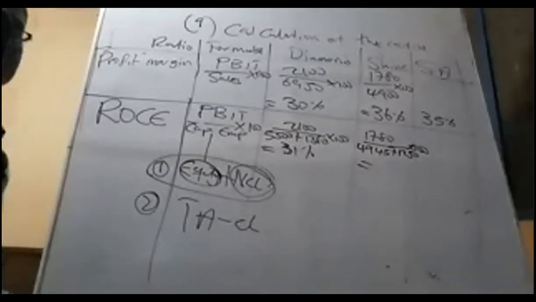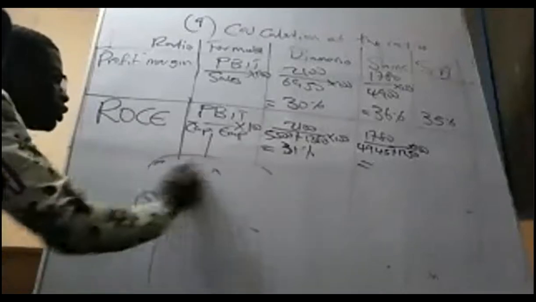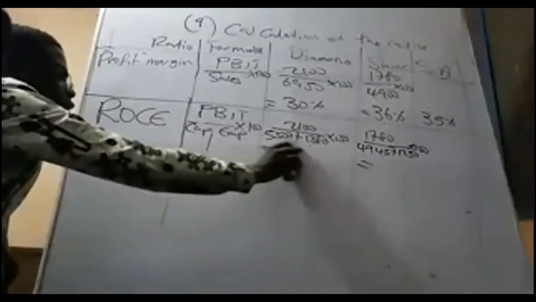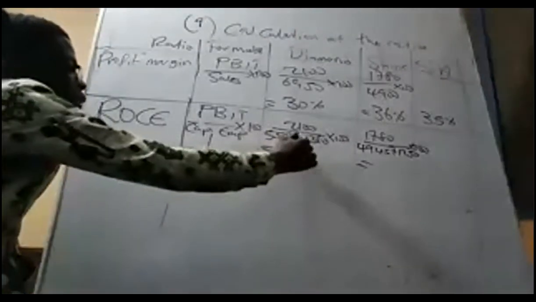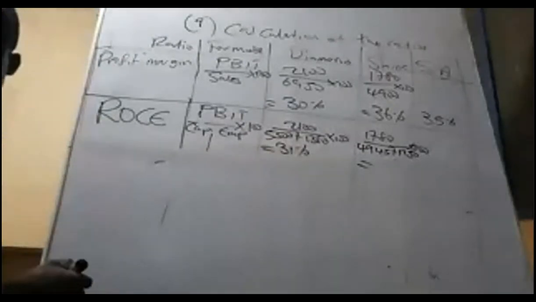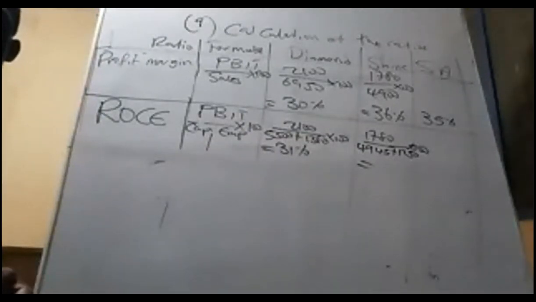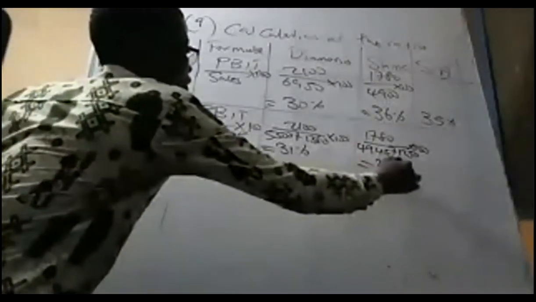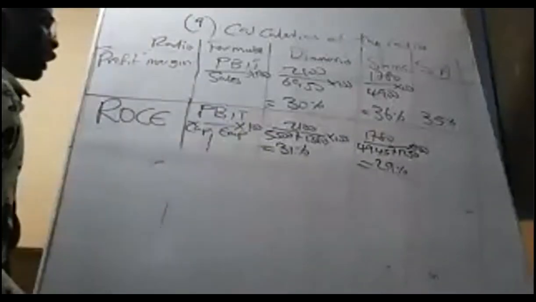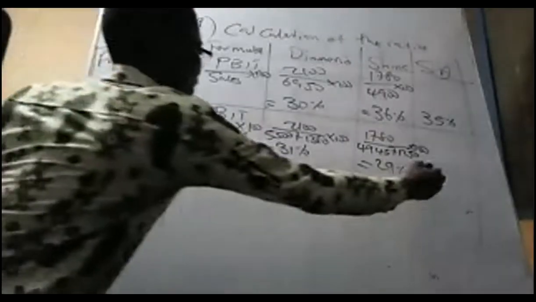Then shine will be 29%. And then the sector average is 30%.